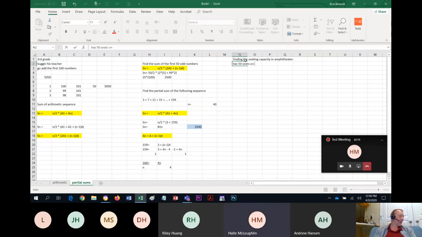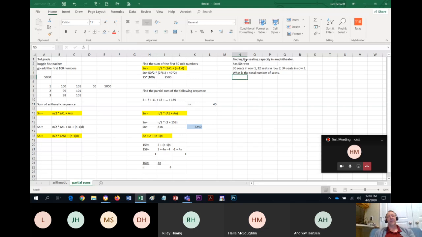No, it has 50 rows. 30 seats in row 1, 32 seats in row 2, 34 seats in row 3. What is the total number of seats? Okay.